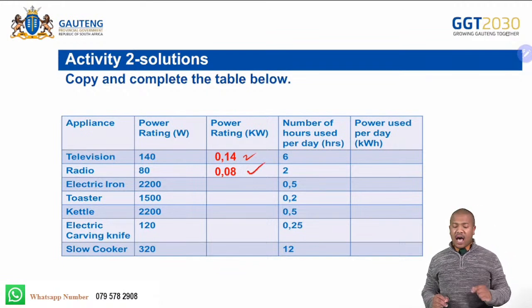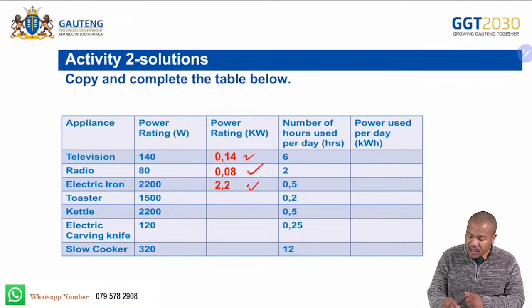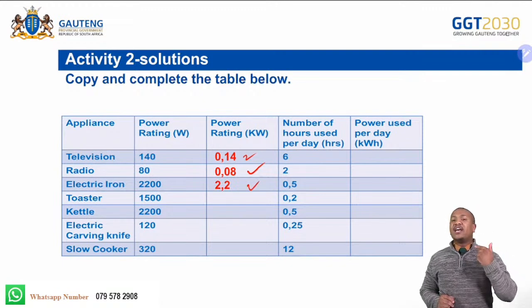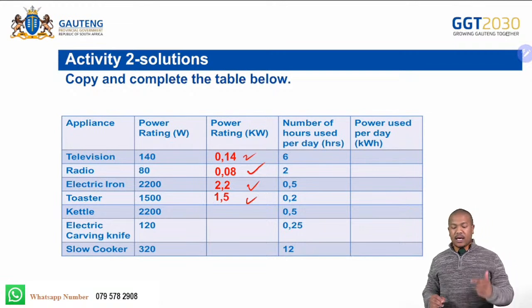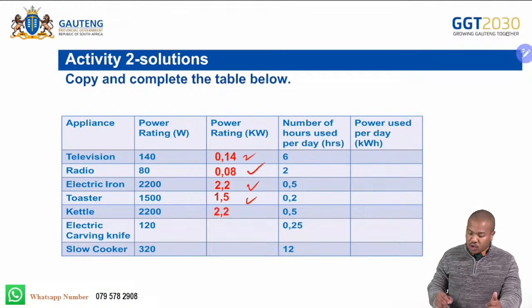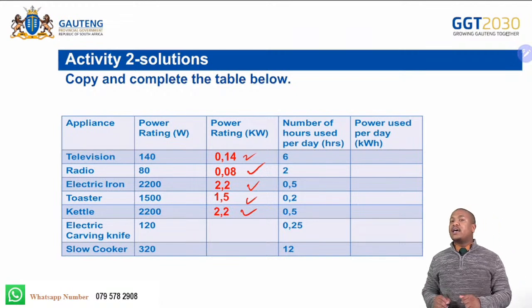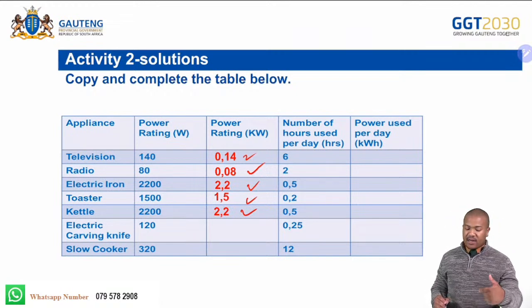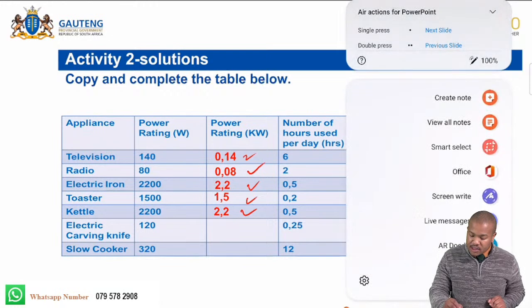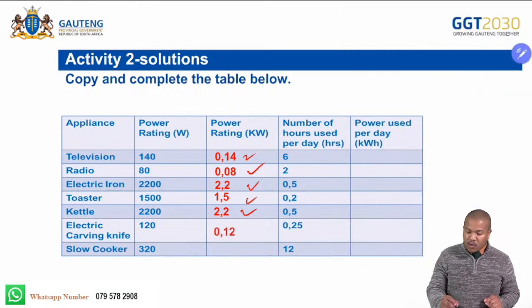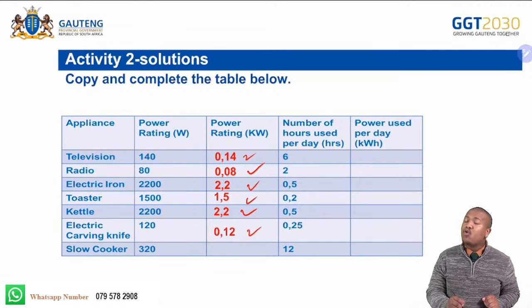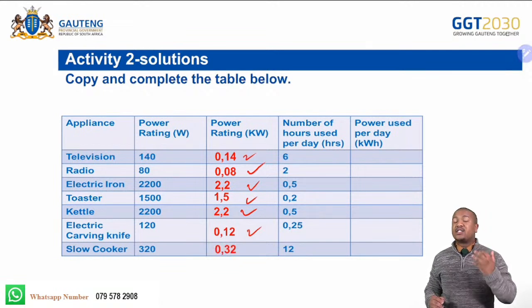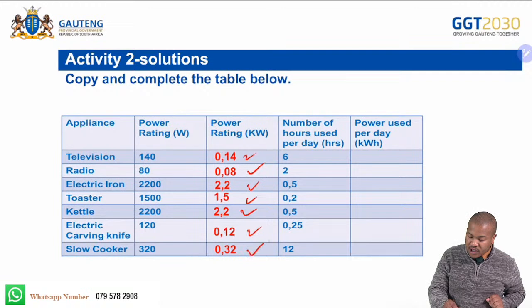Then electric iron, we got 2.2 kilowatts. A toaster is 1.5 kilowatts. Kettle is 2.2 kilowatts. Then our electrical carving knife is 0.12 kilowatts. Then slow cooker is 0.32 kilowatts.